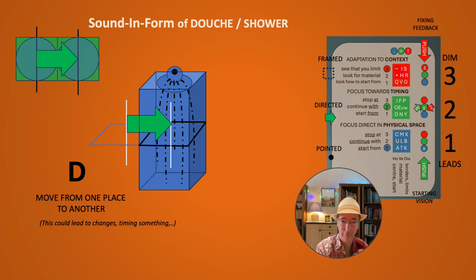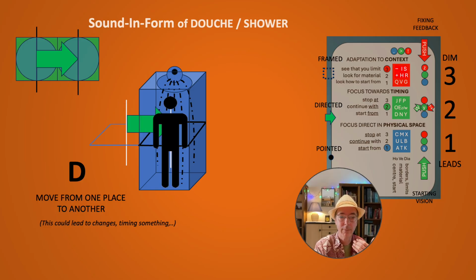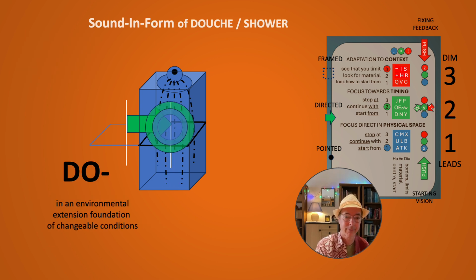If we want to go closer into it, we have to go from one place to another. So it's very simple. We focus from who we are, we go in, and that's where we start to realize what a shower or the douche is.